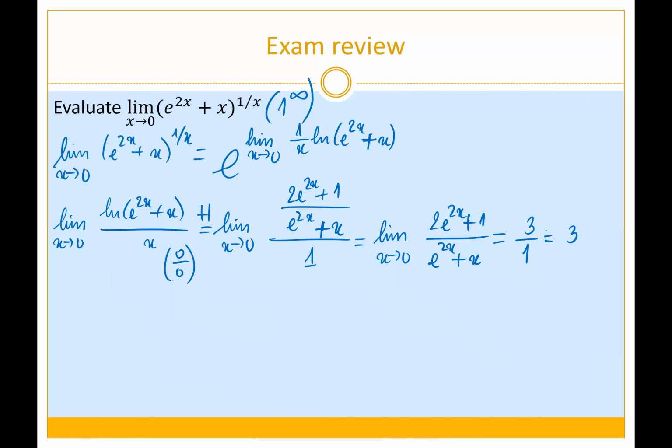So this limit approaches 3, and so you plug it back in, it's going to be e cubed. So nothing new, just try to remember the technique of what you have to do, and as long as you understand the technique and the reason behind it, you should be able to solve all the problems. So that's the third question.